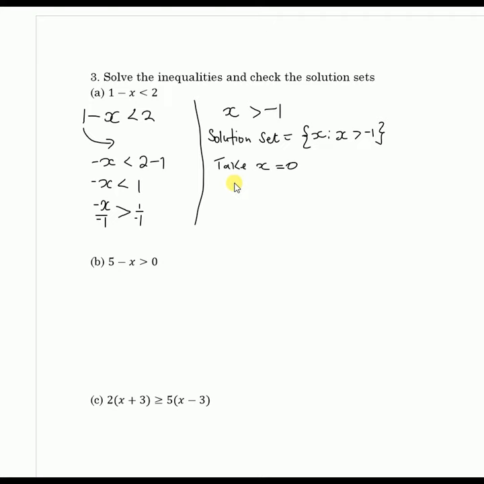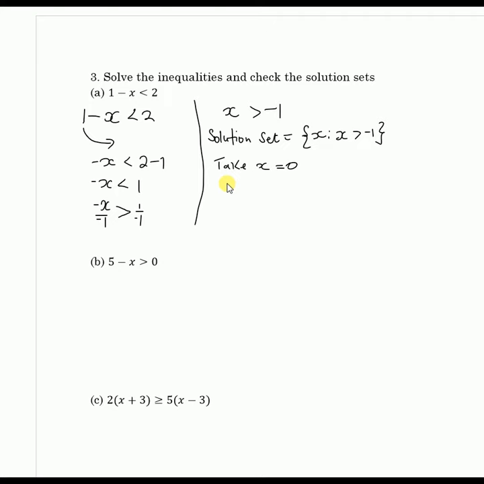Why x equal to 0? Because we are looking for a value which is greater than negative 1. You can get any other value, but I decided to use 0. You can use your own.